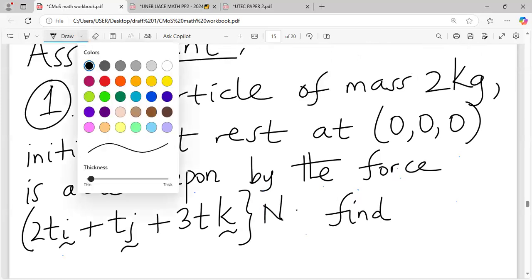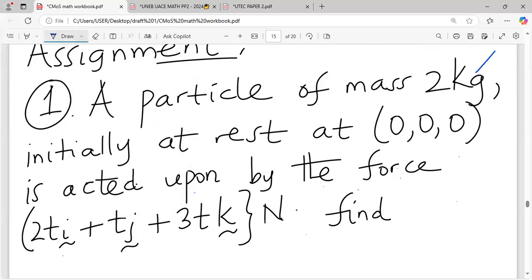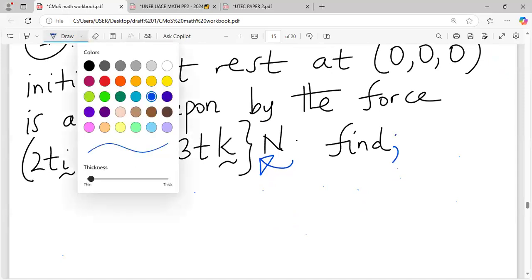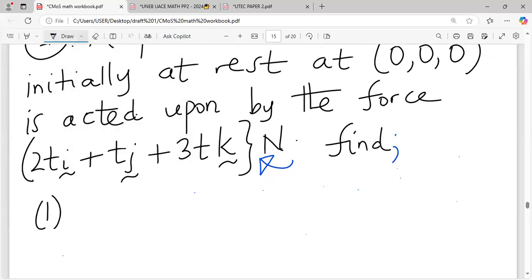Imagine, you have the mass, you have the force. How can you fail? Get acceleration. Really? One, acceleration. They want acceleration at time t.